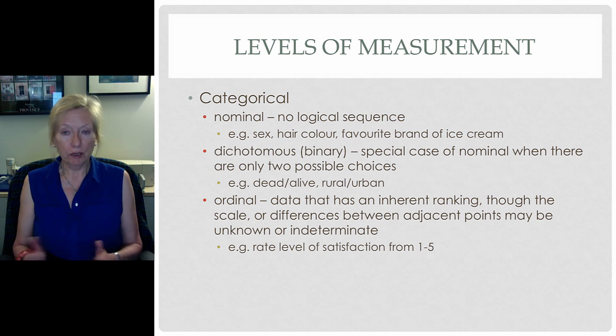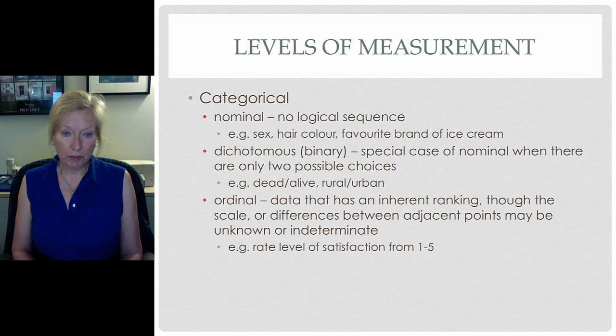There's no logical sequence to it. Dichotomous or binary is a special case of nominal categories where there are only two possible choices. So in your study it might be dead and alive, or it could be rural and urban. It really depends on what you're deciding to measure.